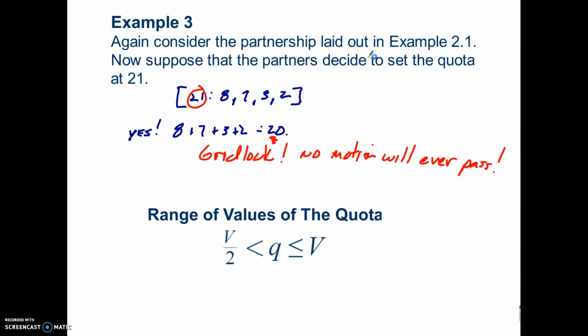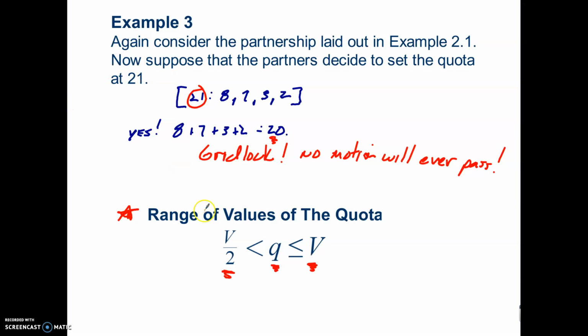Notice the quota has to be greater than a simple majority, and it also has to be less than or equal to the total number of votes. So this gives us a good range of values for the quota. You might want to put a little star next to this because this is really important.